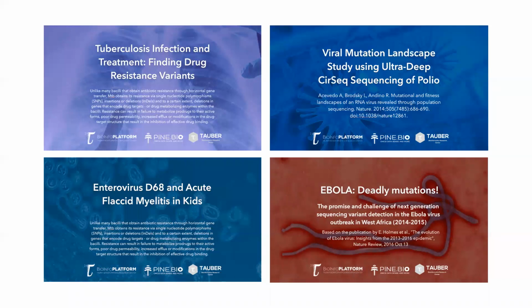So we have here a project on tuberculosis, an ultra deep sequencing called circular sequencing or CirSeq of polioviruses. We will look at enterovirus D68, which causes acute flaccid myelitis in kids, and it has been a big public health concern recently.